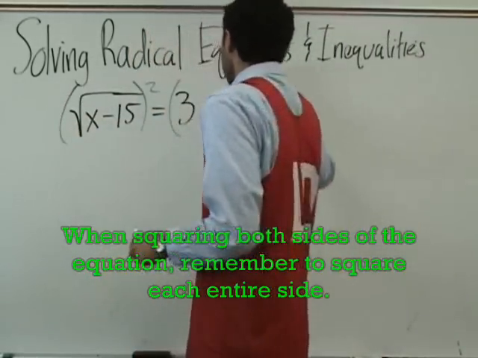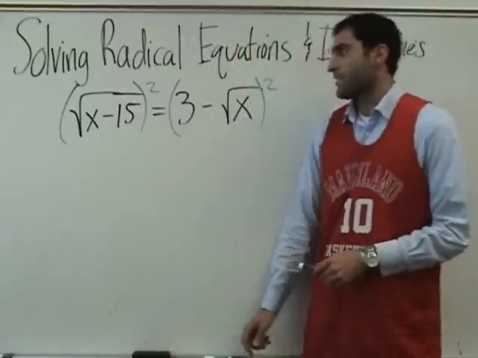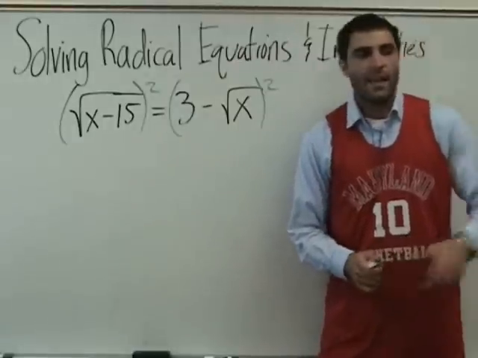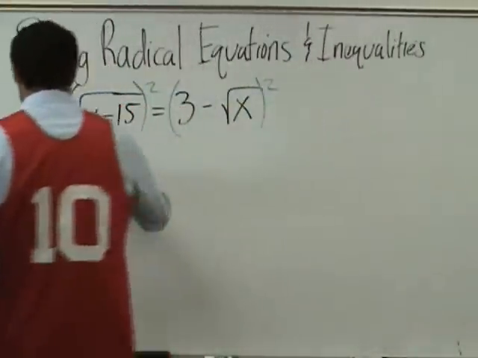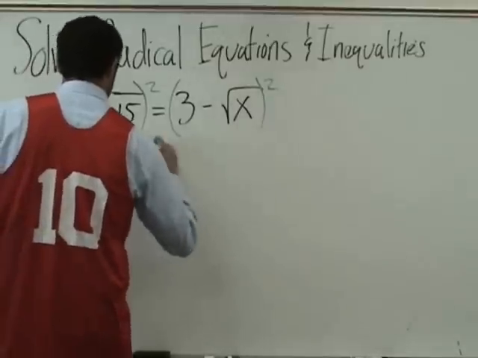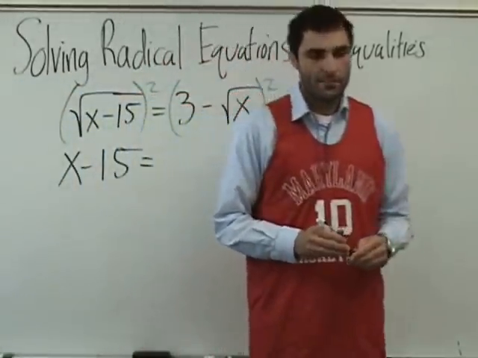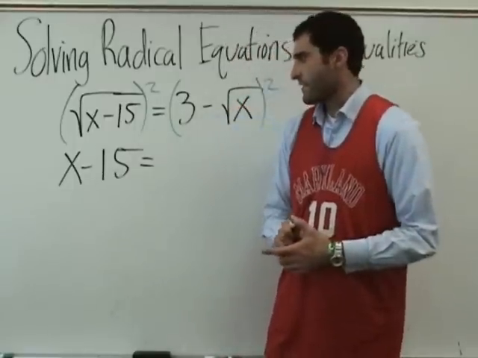I would really be pleased if someone can tell me the entire second line here. X minus 15 equals 9 minus x is a very reasonable guess, and it's wrong. I understand why you said 9 minus x.